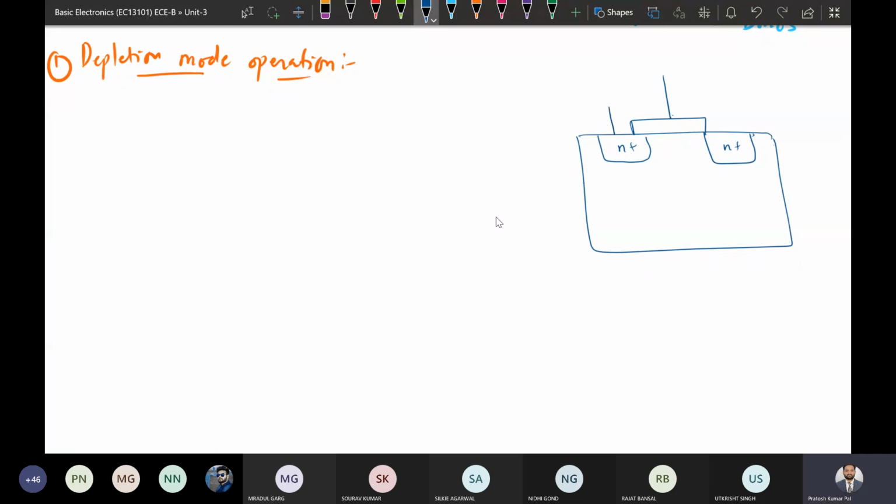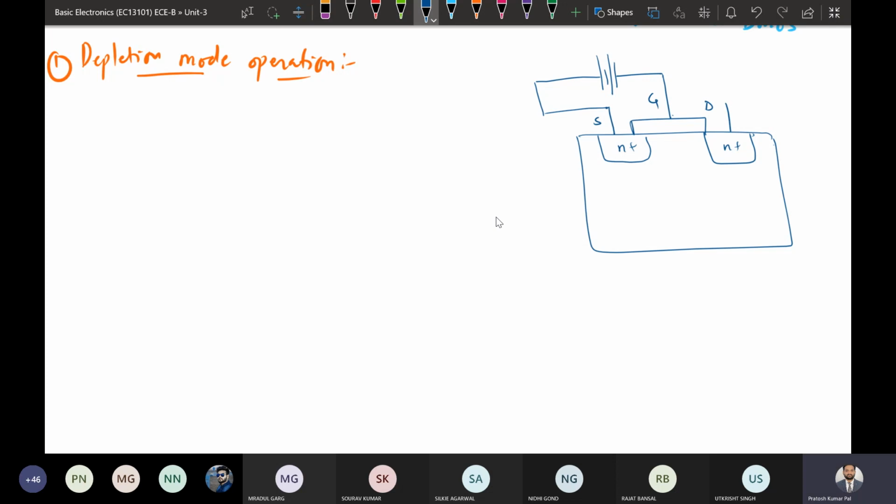So this is your gate. The gate should be biased with a negative voltage, and it should be connected to the source terminal. So this is the source, this is the gate, and this is the drain.